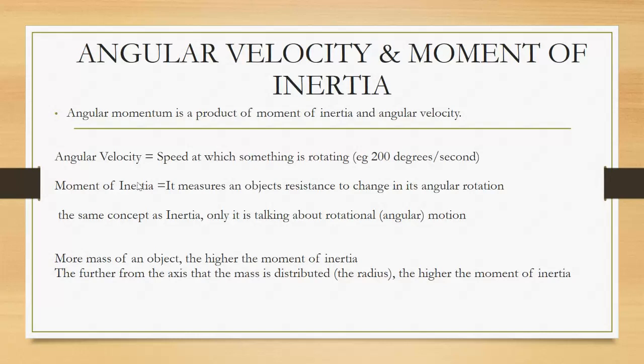And if the weight is out there, that means it's going to be going faster and therefore have more momentum. All right, we can work out the moment of inertia, which is just talking about how much inertia an object in angular motion has, and it can be calculated by the mass times the radius. So the mass of that object times how far away from the axis that object reaches.